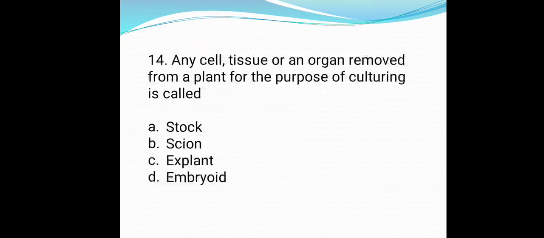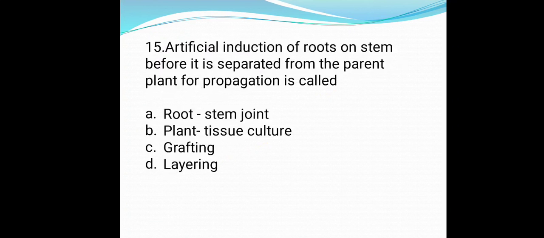Any cell, tissue or organ removed from a plant for the purpose of culturing is called an explant. This can be used in tissue culture. Explant is the correct answer, C option. Let us see the next question. Artificial induction of roots on stem before it is separated from the parent plant for propagation is called layering.